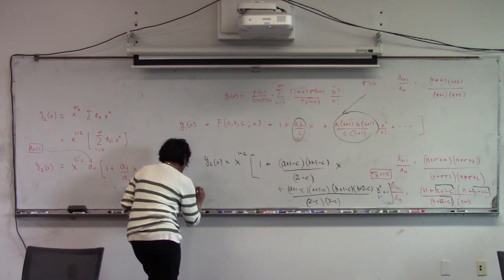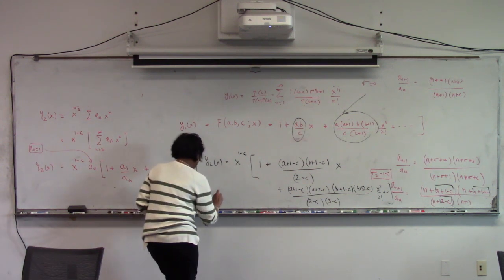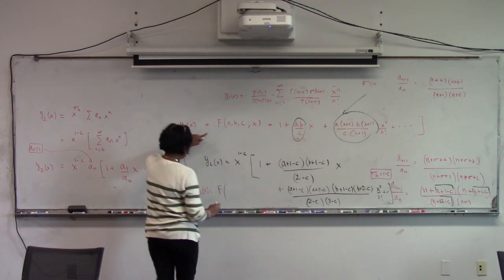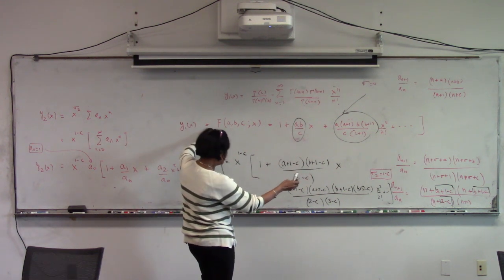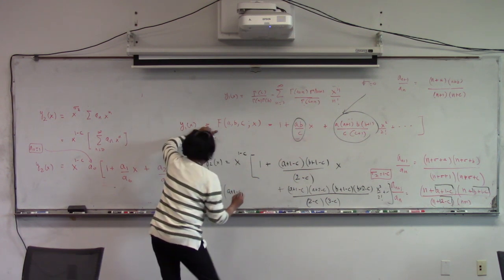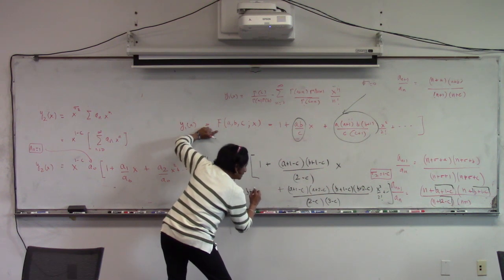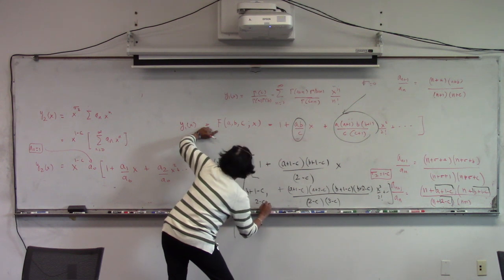Now if I had to write this y2(x) in terms of the hypergeometric function, the notation that people use is the following. My second solution is nothing but a has become a plus 1 minus c, b plus 1 minus c, 2 minus c, x. So people will say that is the second solution without even doing the full thing.